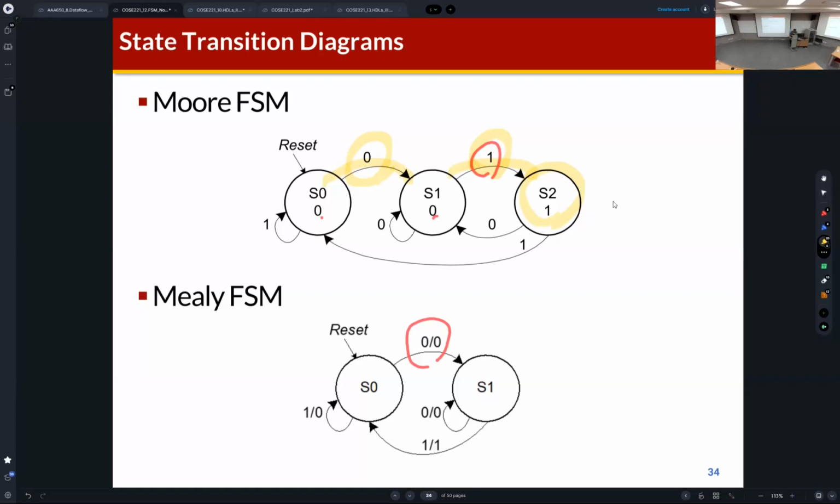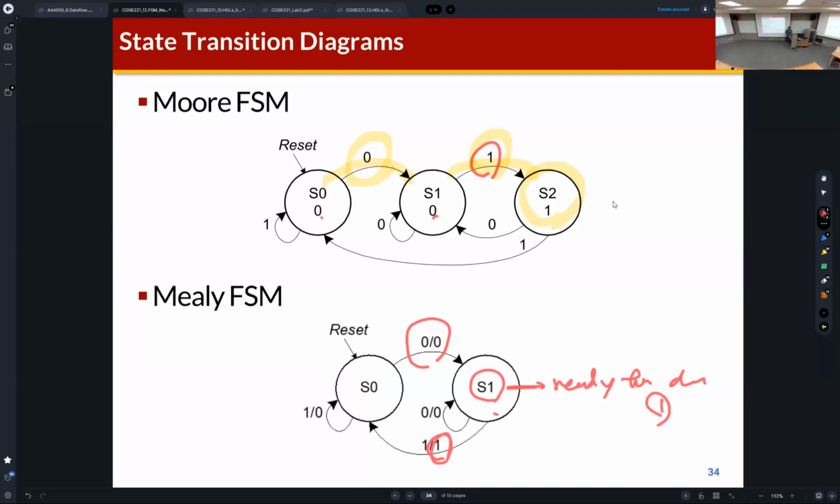But in the Mealy FSM, S1 is also the ready for detecting 1, and then the output is determined by the state and input. So we can observe the output signal on the transition, not inside the current state as in the Mealy FSM.